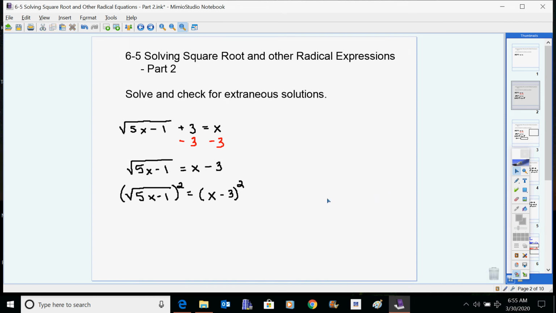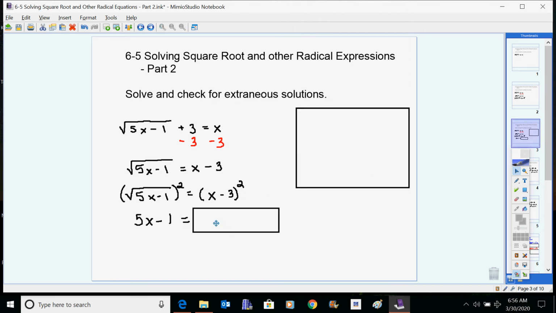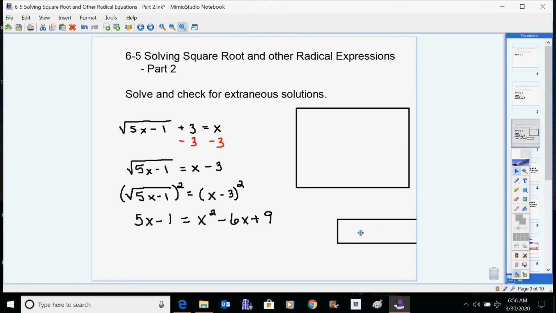Now my big caution to you is be careful with this one, because although the whole purpose is just to take the square root and make it disappear so that you've got 5x minus 1 on this side, remember it's a binomial squared. And since it's a binomial squared, you need to think of it in terms of the pattern for a binomial squared, or just simply remember that it means x minus 3 times x minus 3.